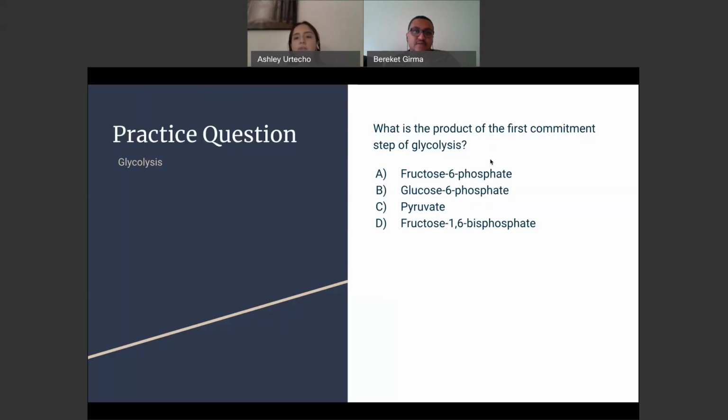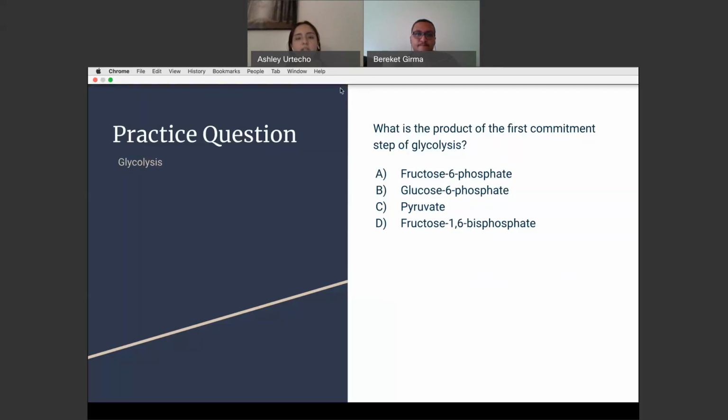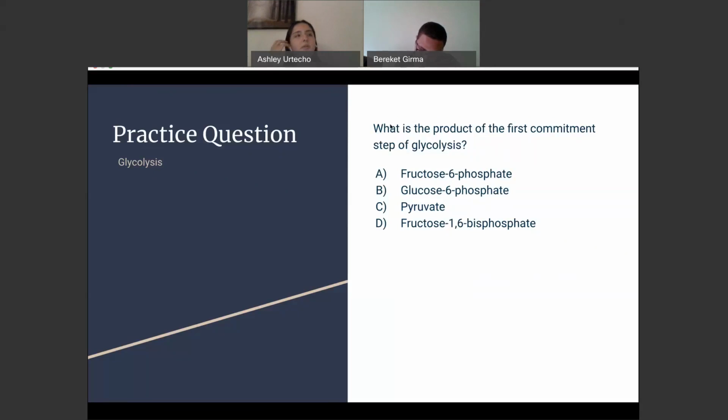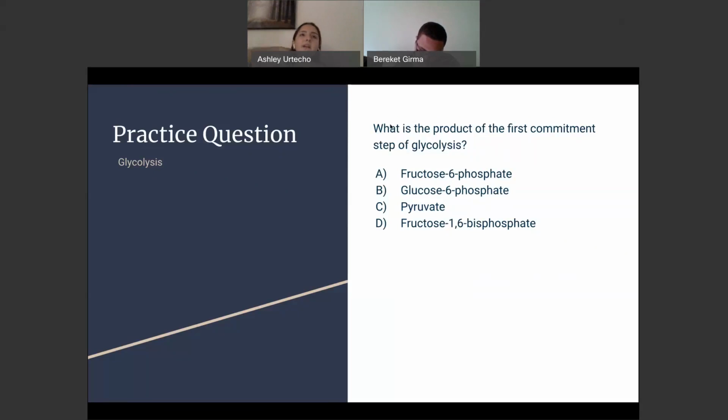Okay, so pyruvate is actually the product of the second commitment step of glycolysis. As I said before, there are three irreversible reactions, but step 3 of glycolysis is the first commitment step, which involves phosphofructokinase 1. Once you get familiar with glycolysis, you'll recognize that phosphofructokinase 1 is a really important commitment step.